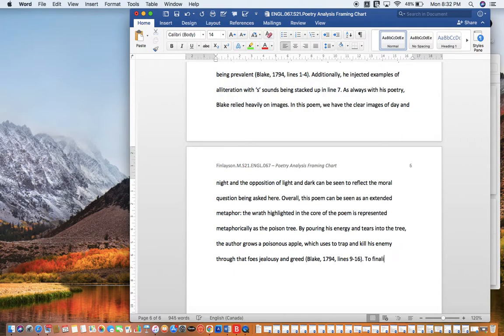To finalize, Blake is making a larger thematic statement about humanity and how we deal with our own angers and enemies.